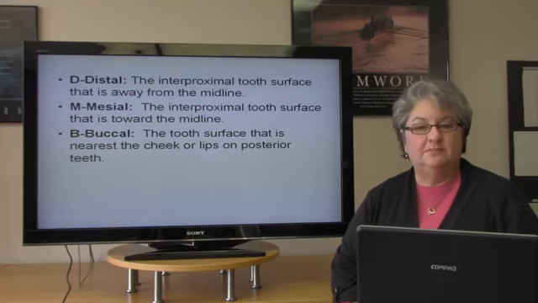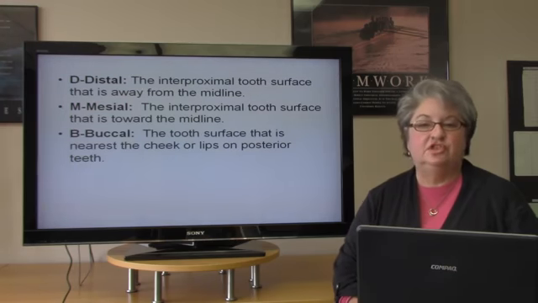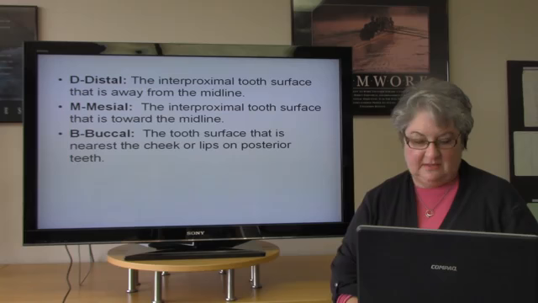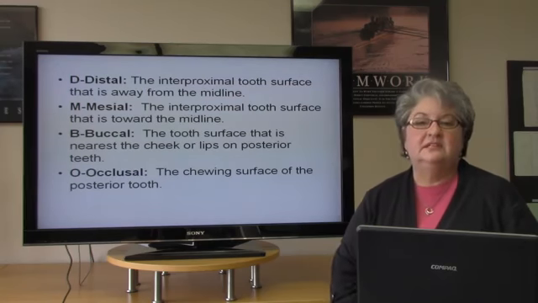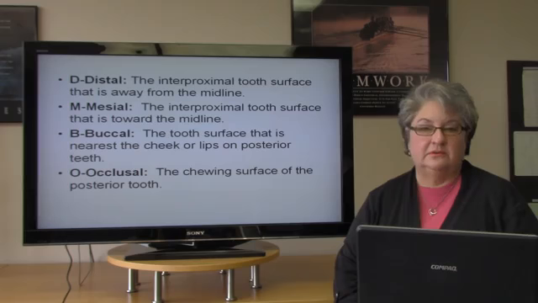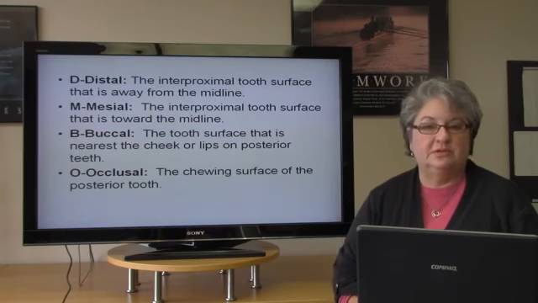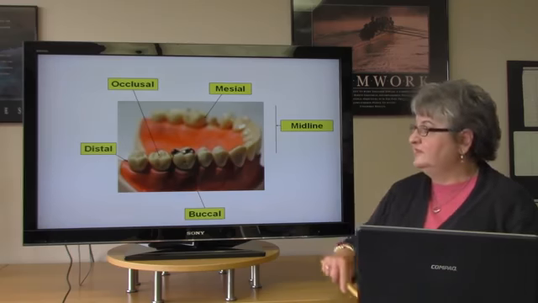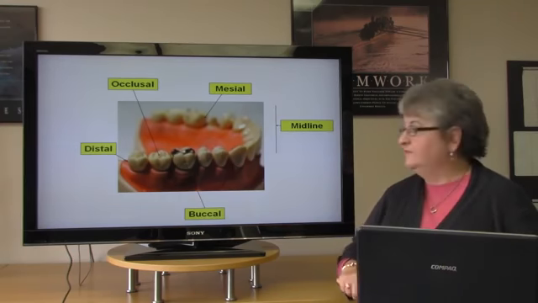The B stands for buccal, which is the tooth surface that is closest to the cheek or the lips on the back teeth, the posterior teeth. And the O is the occlusal, or the chewing surface of a posterior tooth, a back tooth. And here is a picture of the surfaces.